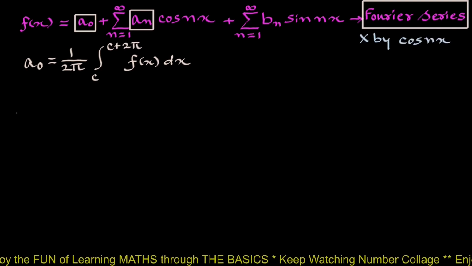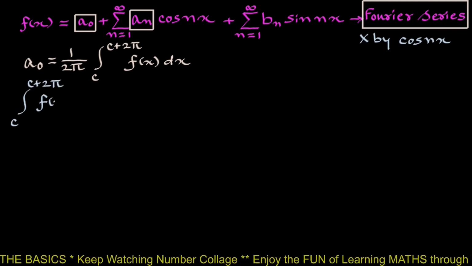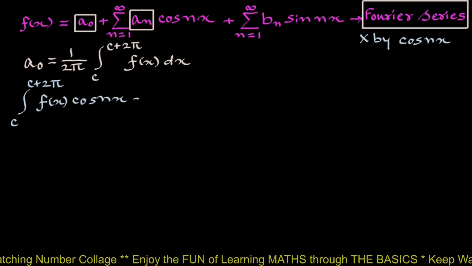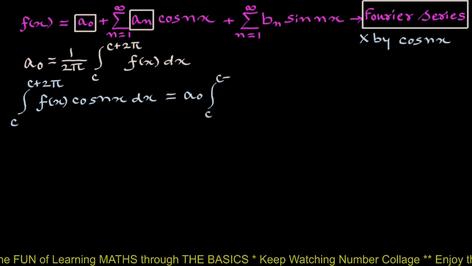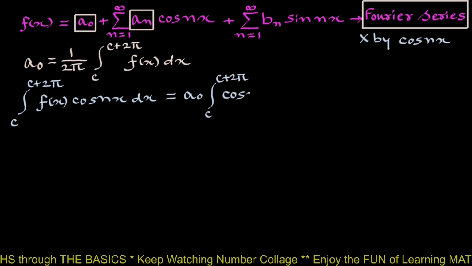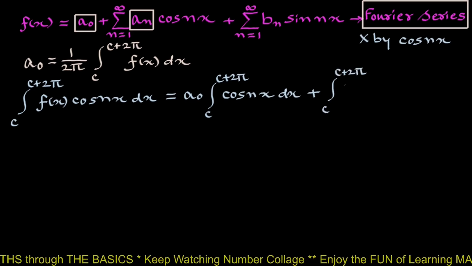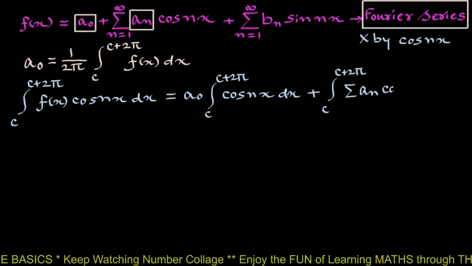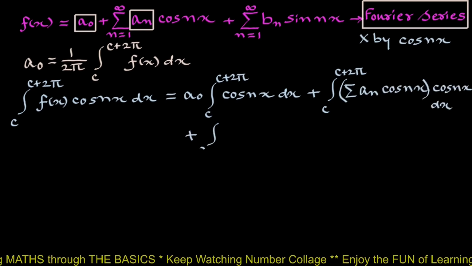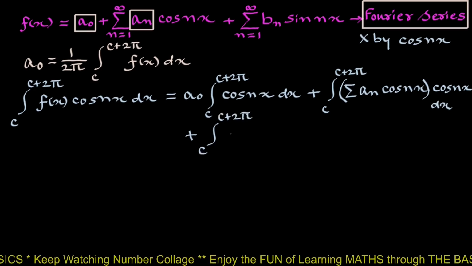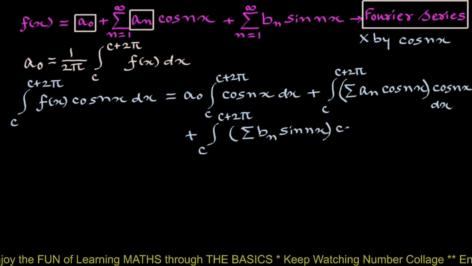So this will become integral from c to c plus 2 pi f(x) cos nx dx equals a0 integral from c to c plus 2 pi cos nx dx plus integral from c to c plus 2 pi summation an cos nx into cos nx dx plus integral from c to c plus 2 pi summation bn sin nx into cos nx dx.